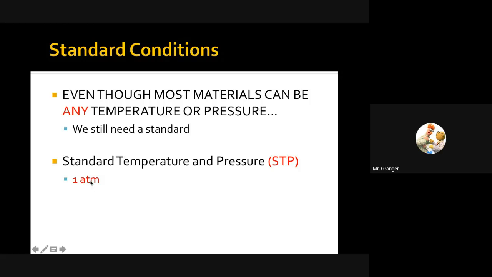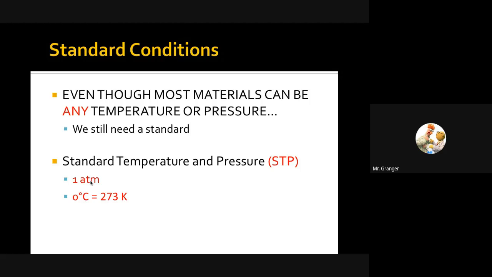So that standard comes in an acronym, called STP, which stands for standard temperature and pressure. So standard pressure is 1 atmosphere. As we mentioned, at sea level, the atmospheric pressure pushing down is typically 1 atm, or 1 atmosphere pressure.